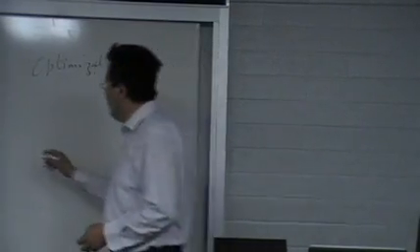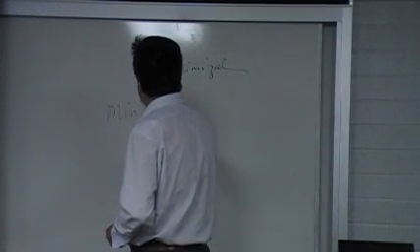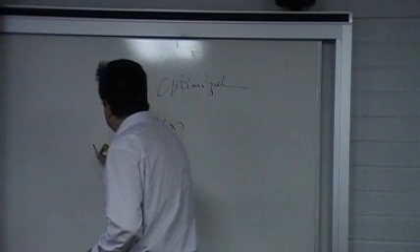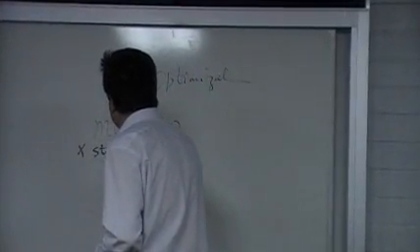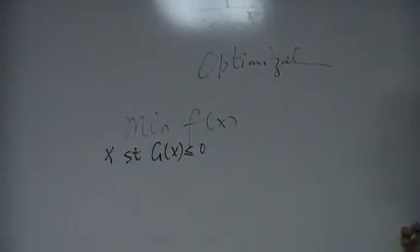The mathematical form should be something like this. So this is the standard form of a constraint optimization problem.